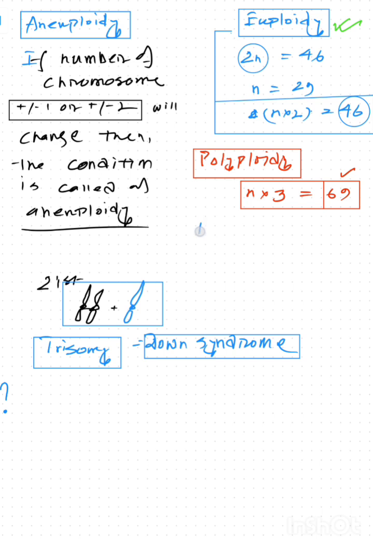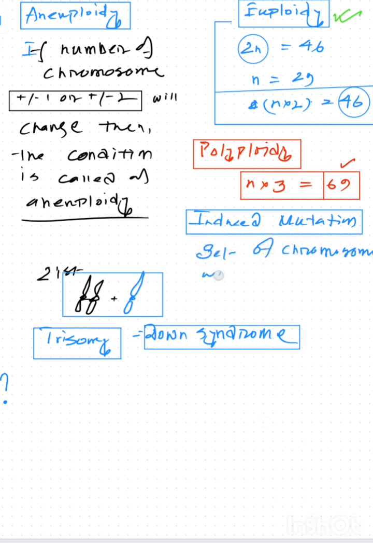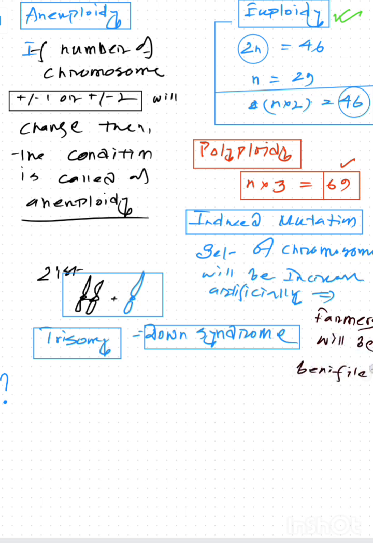Induced mutation means they are creating mutations in the plant so that the set of chromosomes is increased, and artificially you can use it, and farmers will be benefited. Actually this is not a class to explain induced mutation. I just gave you some knowledge before starting the pedigree analysis.